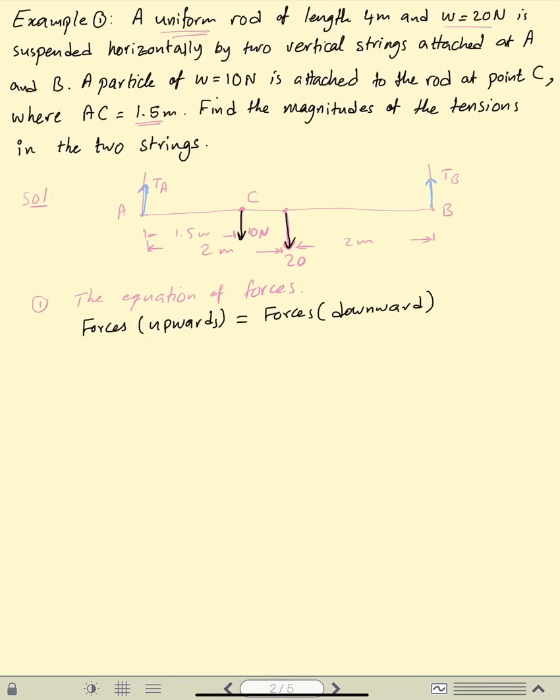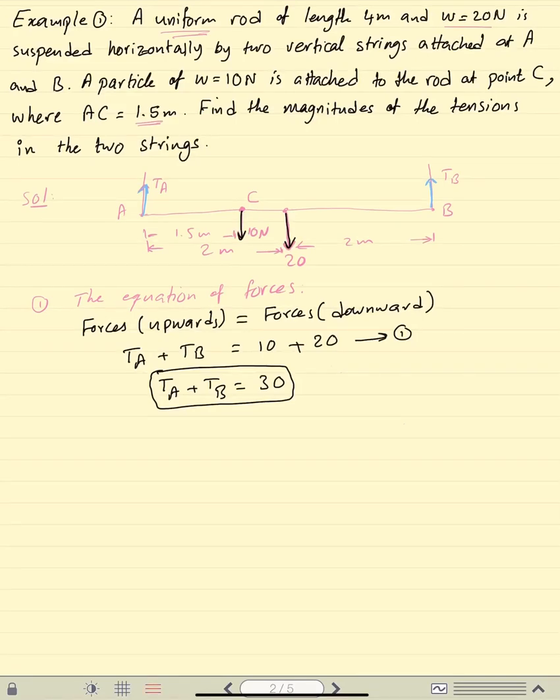Upwards: tension at A, tension at B. Downwards: the 10 newtons and the 20 newtons. This is equation number one. So tension at A plus tension at B is equal to 30 newtons. Because this is one equation with two unknowns, we need another one, which is equation 2.